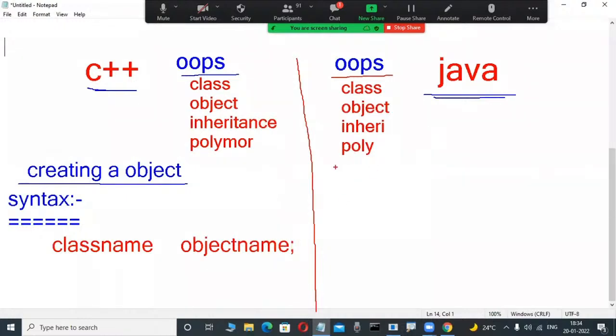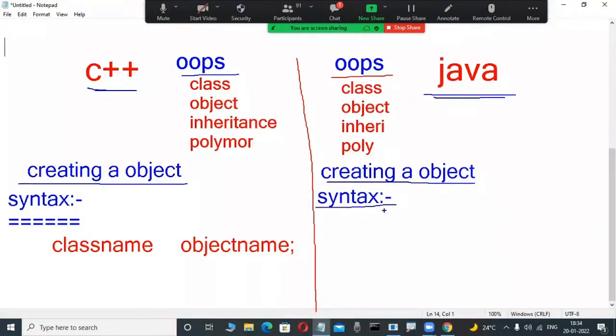Suppose the same creating an object is there in Java also. Now observe here. Suppose they want to create an object from a class in Java. Anybody technical here? Maybe tell me roughly the syntax. Maybe so many fellows are good at Java, Python, these languages from their academic career.